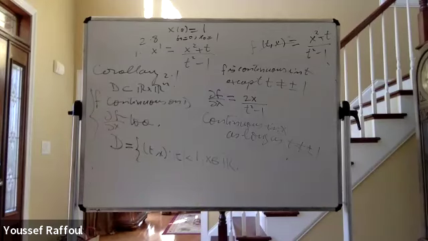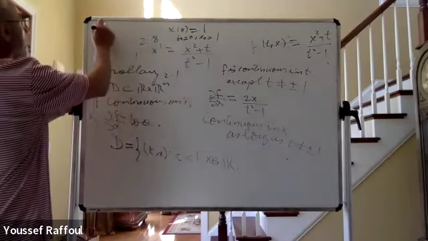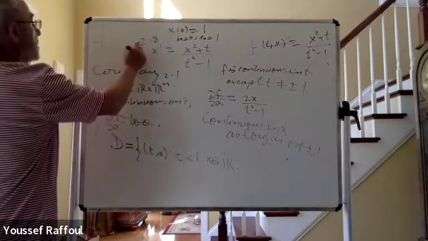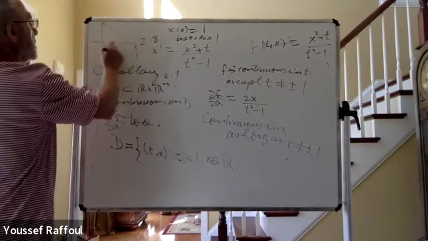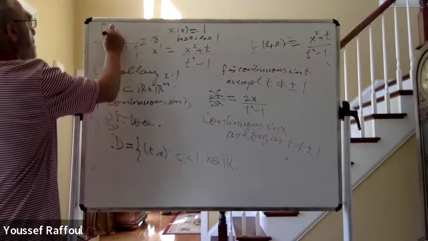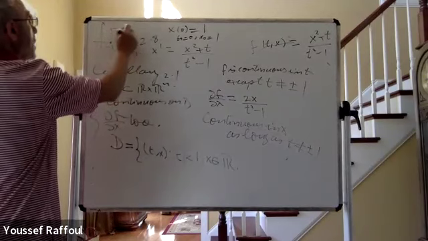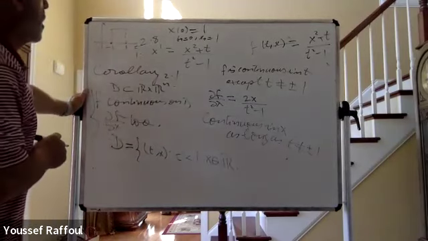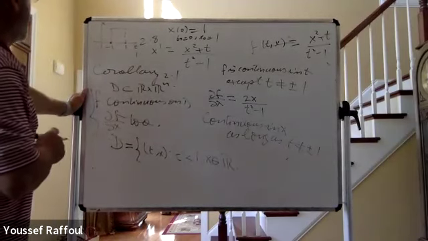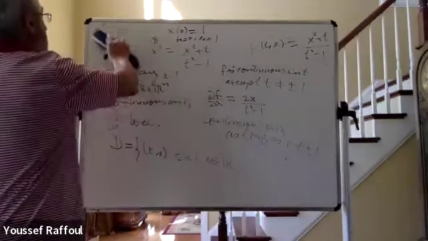So if you're going to talk about the region, this is t, this is x. This is minus 1 and 1. So your region is going to be this way, and x at 0, at t equals 0. Okay, no, this is not true.